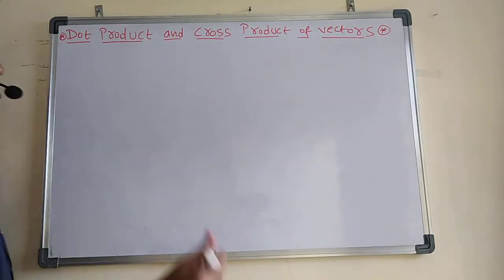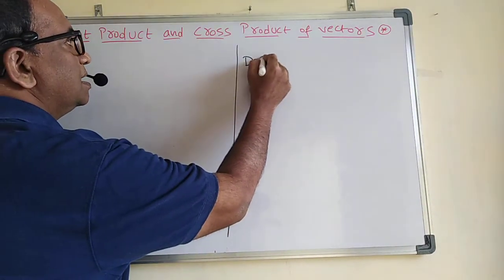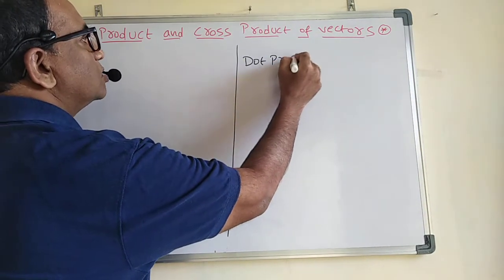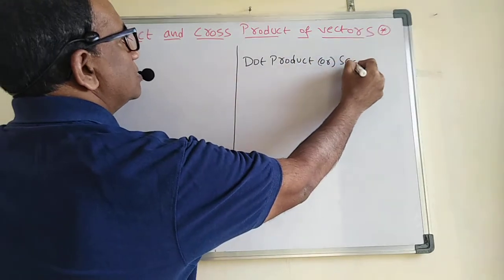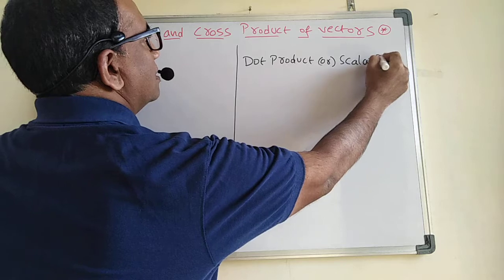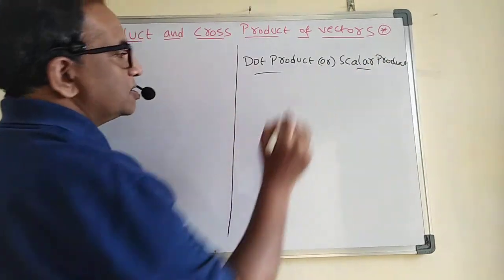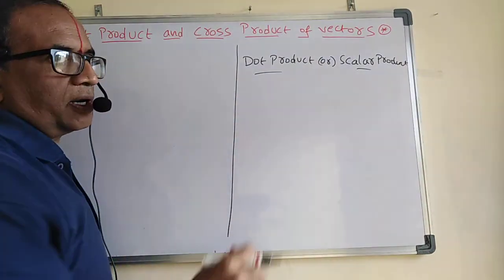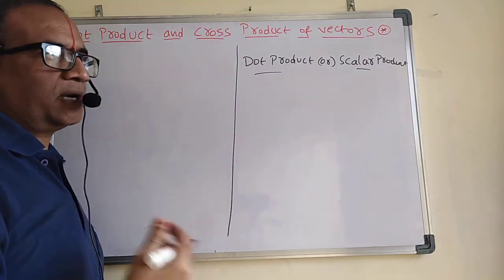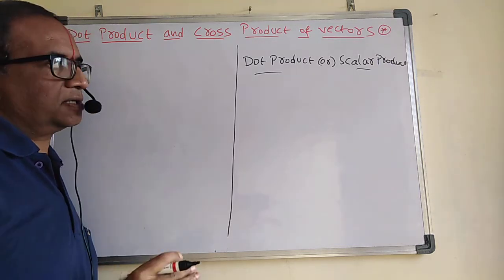First we'll start our class with the dot product. The dot product is also known as the scalar product. Why is it called the scalar product? Remember, a vector has magnitude and direction.